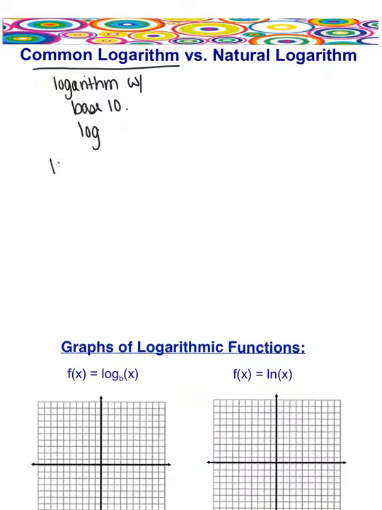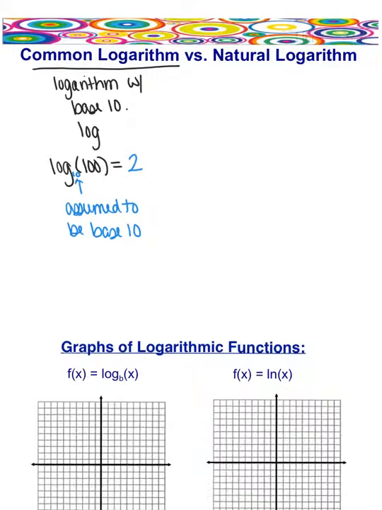If you do me a favor and type log of 100 and hit return, you'll see it says log of 100 is 2. And that's because anytime you don't see anything written as the base, it is assumed to be base 10. So if you type in log of 100, then you're saying 10 raised to what power equals 100, and it's 2.